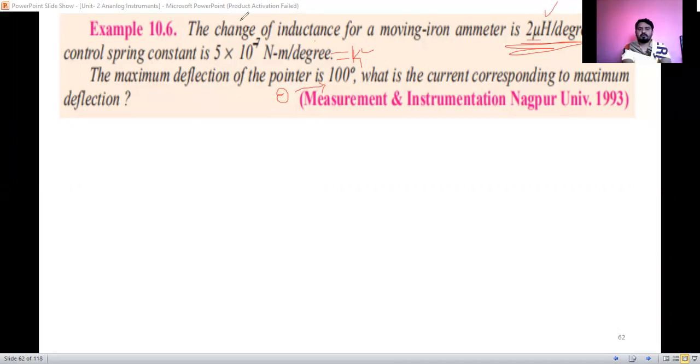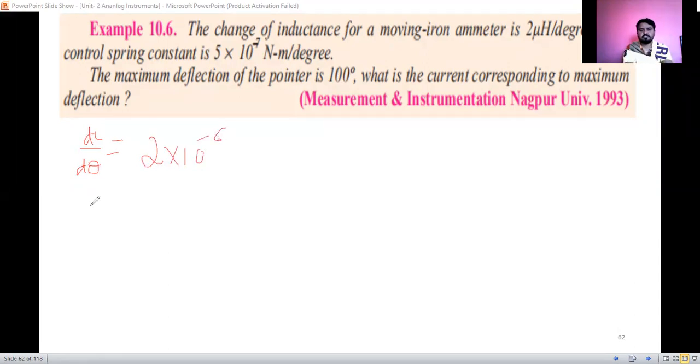Change of inductance, that is dL, and per degree is nothing but d theta. So first all of you write the given data: dL by d theta equal to 2 into 10 to the power of minus 6.